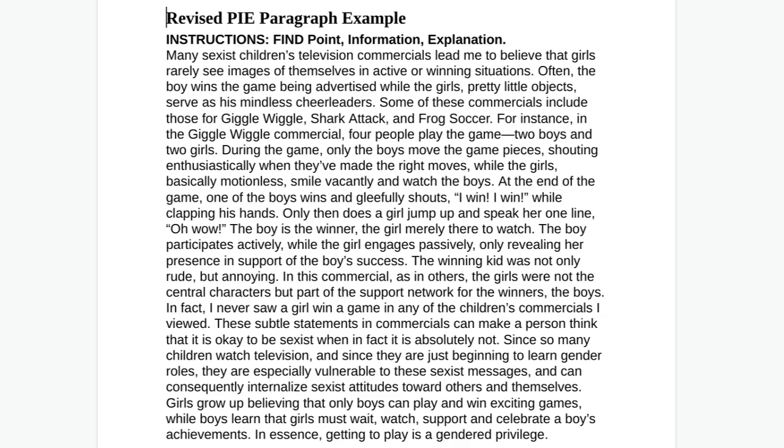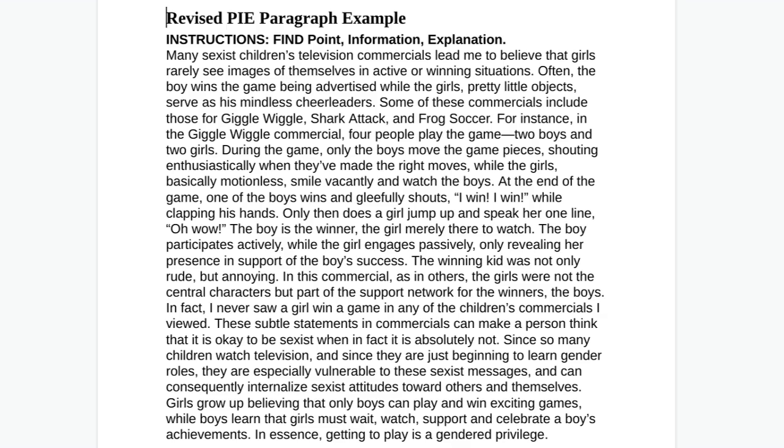The boy is the winner, the girl merely there to watch. The boy participates actively while the girl engages passively, only revealing her presence in support of the boy's success. The winning kid was not only rude but annoying. In this commercial, as in others, the girls were not the central characters but part of the support network for the winners, the boys. In fact, I never saw a girl win a game in any of the children's commercials I viewed.